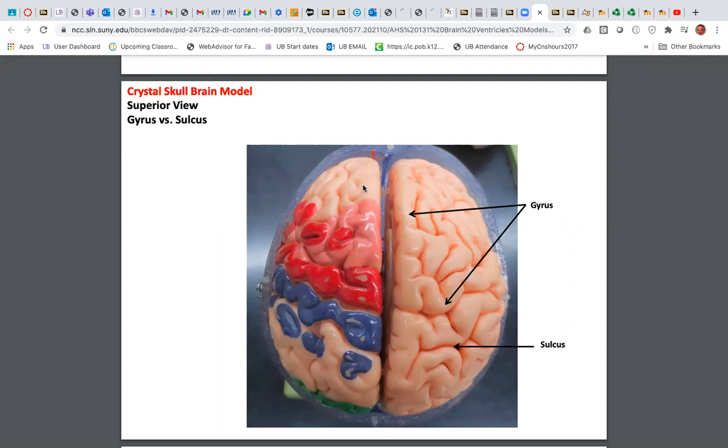You're going to see ventricles. There's going to be flat Stanley for the nerves. There's going to be the reflex arc. There's going to be the eye that we will cover today, the ear that we'll cover today. And then there's the torso model that we went over last week.